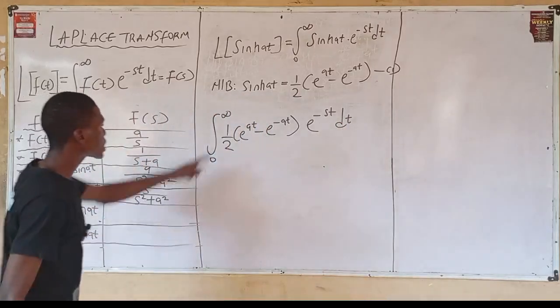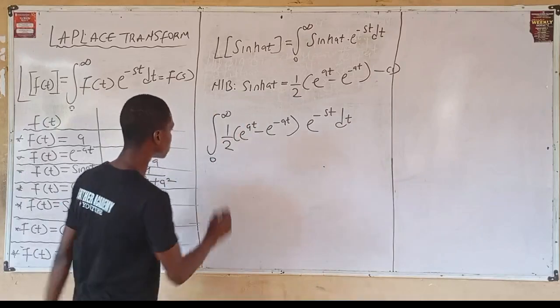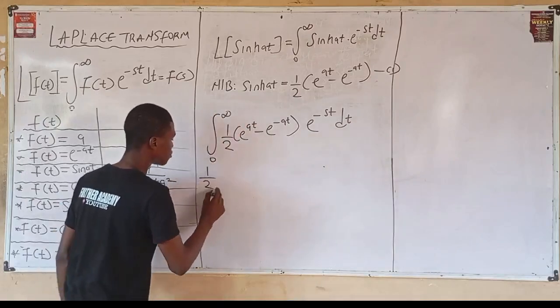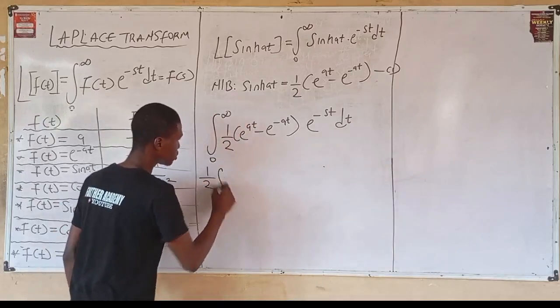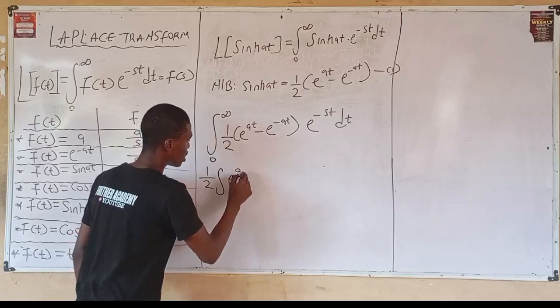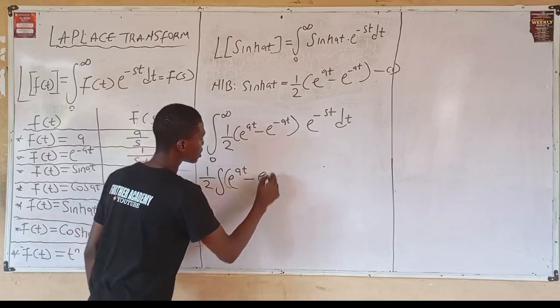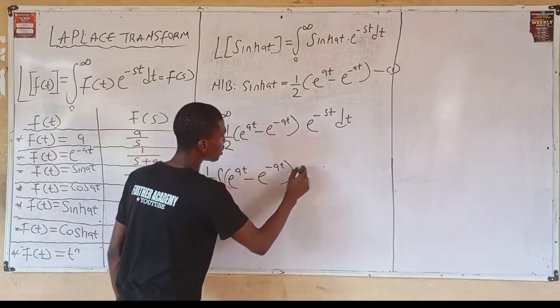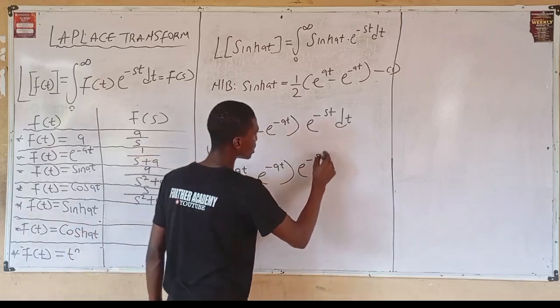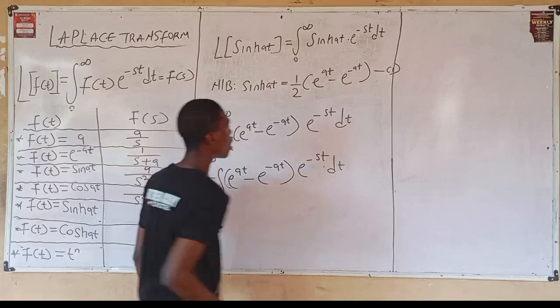From here, I can factor out 1 over 2, since it is a constant. So I have 1 over 2 integral of exponential at minus exponential negative at, multiplying exponential negative st dt.